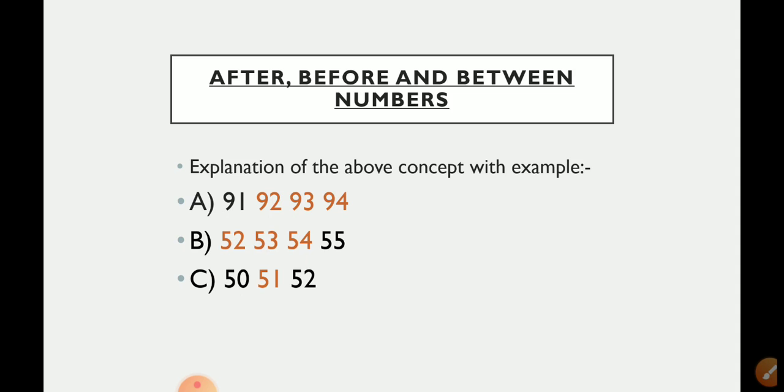So here it is just the after, before and between number concept. I hope a little bit of understanding of this concept you might have understood, children. Once again, as I said, the textbook and the worksheet will help you in detail to solve the questions.